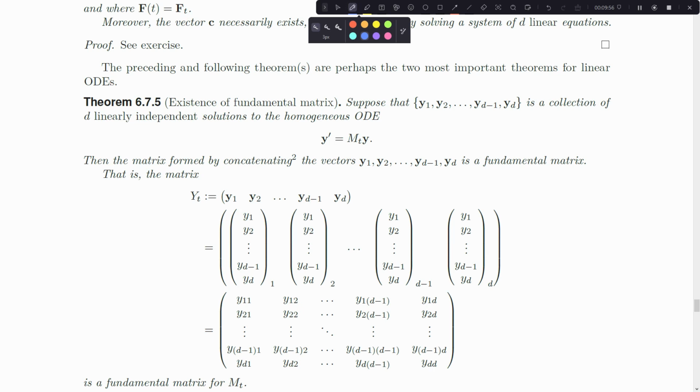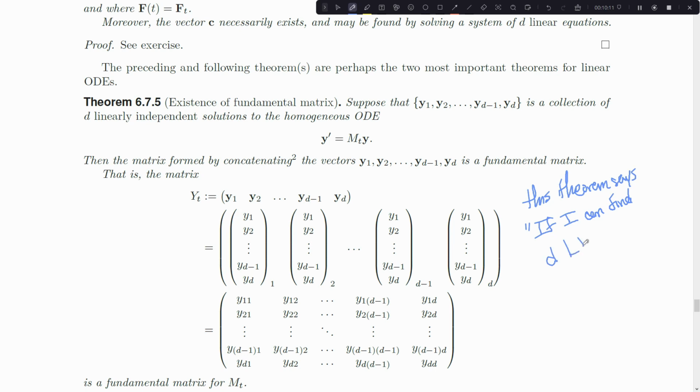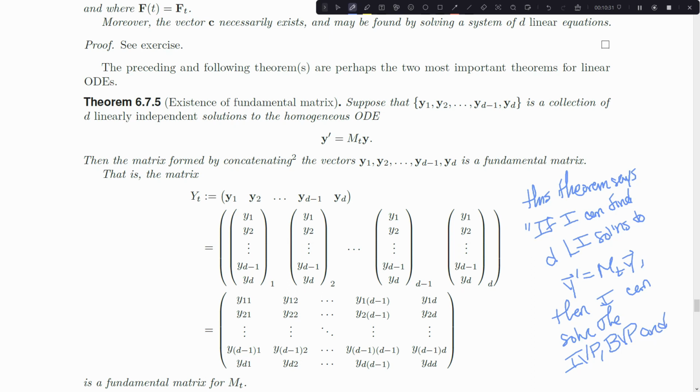This theorem says, in quotes, if I can find d linearly independent solutions to y prime equals M(t)y, then I can solve the IVP, BVP, and inhomogeneous version.